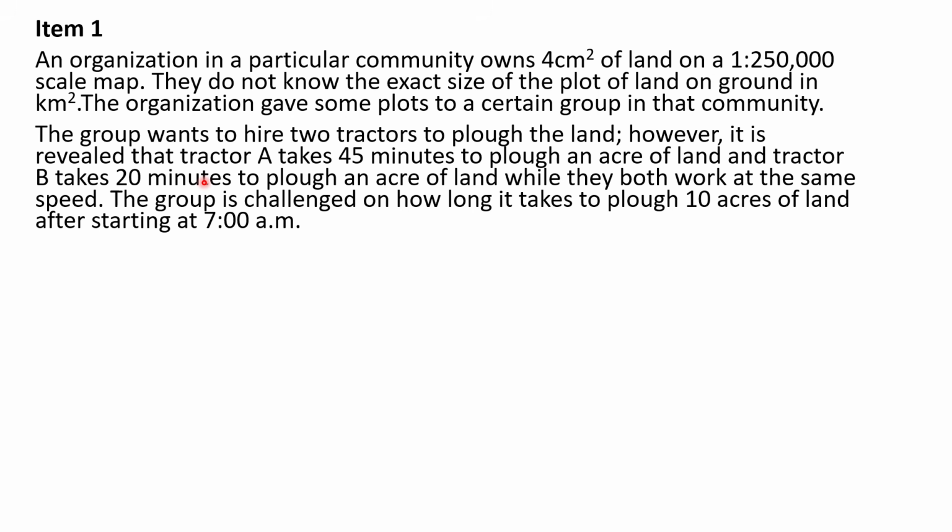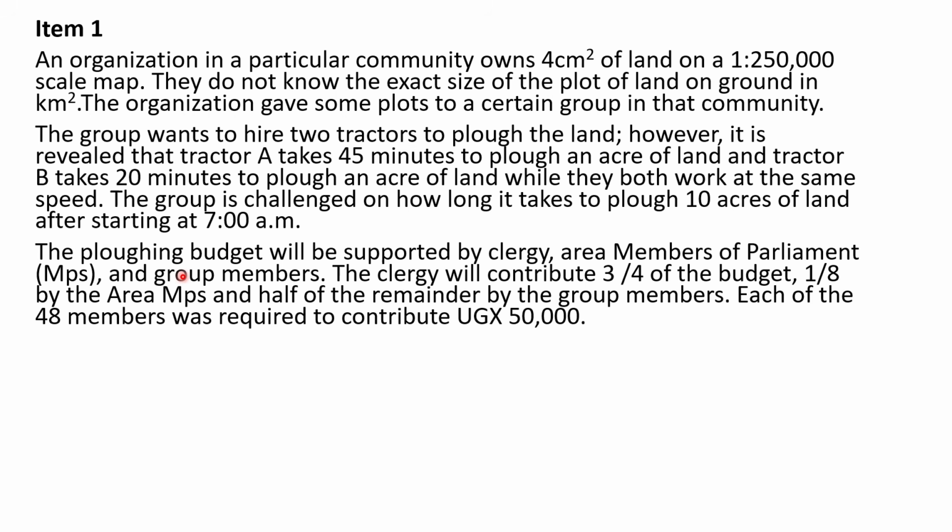So here, there isn't any concept of LCM, but instead we are going to use fractions, as we are going to see in our solutions. And then number 3, we have paragraph 3. The plowing budget will be supported by color G, area members of parliament, and group members.